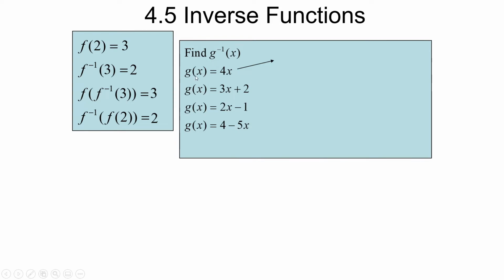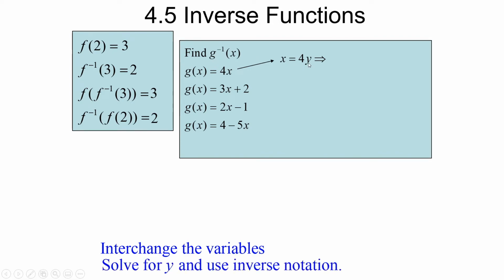So the g of x becomes an x, and the x becomes a y. So x equals 4 times y. Now I just solve for y. But remember, y has to be written as inverse g of x. So this y right here becomes an inverse g of x. Solve for y and use inverse notation.